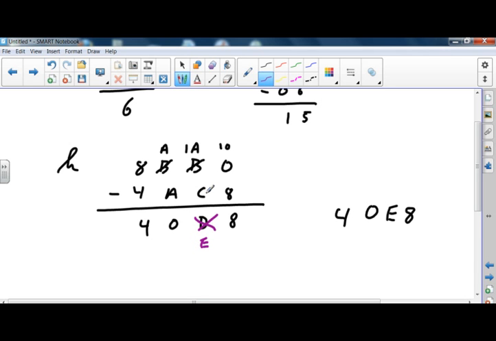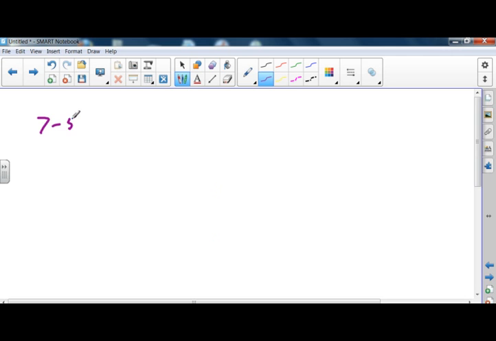Going to 15. Which of the following cannot be a binary coded decimal? All right, so that looks like a reasonable thing to put on a test, right? 15. A, okay. B, no. C, no. D, okay.